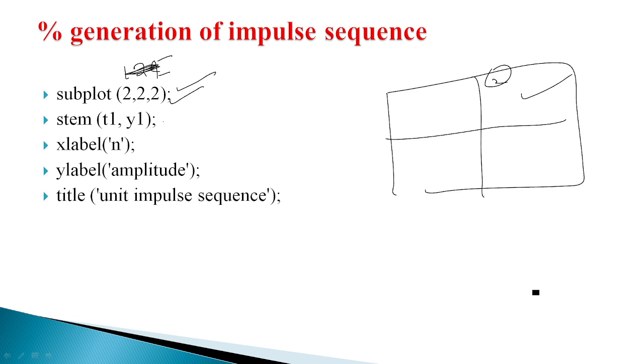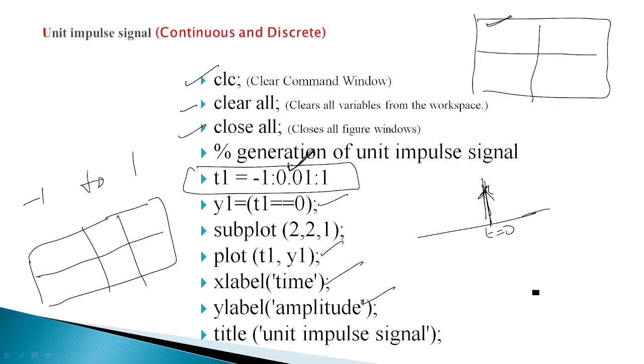Then stem t1 comma y1. The x label should be n, the y label should be amplitude, and the title should be unit impulse sequence. Like this we can write the code for unit impulse signals.